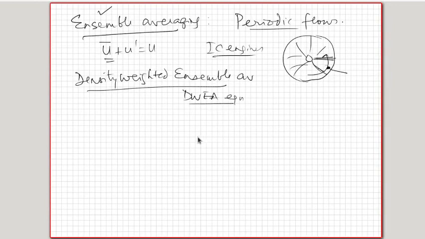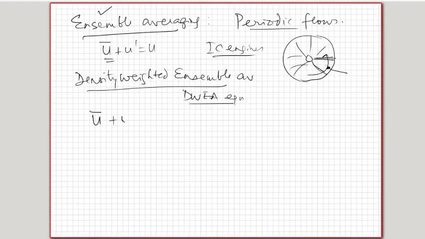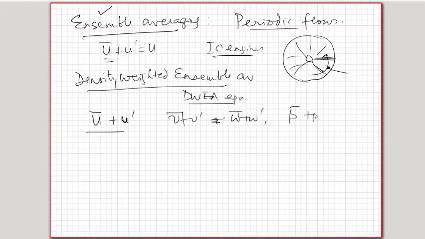So this is the averaging process by which you split the velocity into the mean component plus the fluctuating component: U bar plus U prime, V bar plus V prime, W bar plus W prime, P bar plus P prime, T bar plus T prime, and so on. All the quantities can be split into mean and turbulent fluctuations.